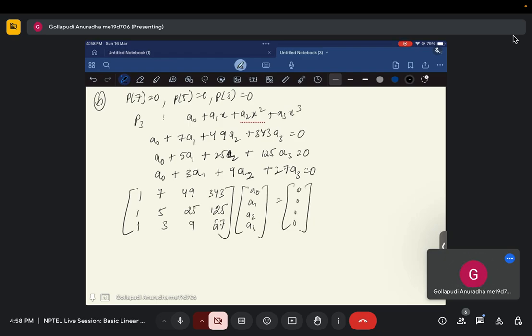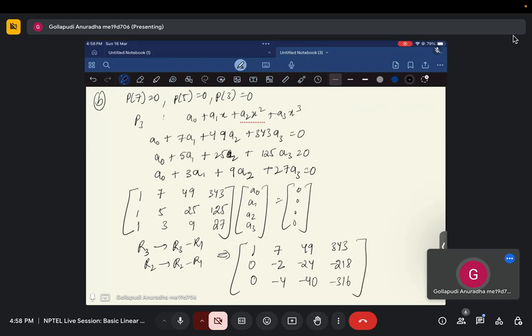By the Gauss elimination method, row 3 goes to row 3 minus row 1, as well as row 2 goes to row 2 minus row 1, which means I'll be getting 1 7 49 343, 0 −2 −24 −218, 0 −4 −40 −316.